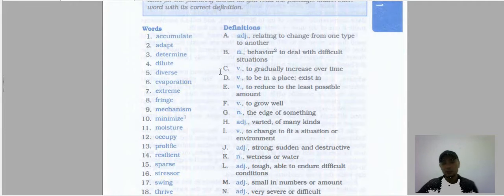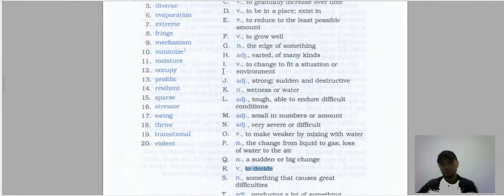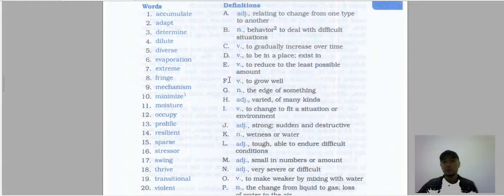And dilute is also very necessary and a very useful word for you. Dilute means make something less strong, weaker, by adding some water, okay? If the tea is very sugary, that means you add some water to make it less sugary. This is called dilute.